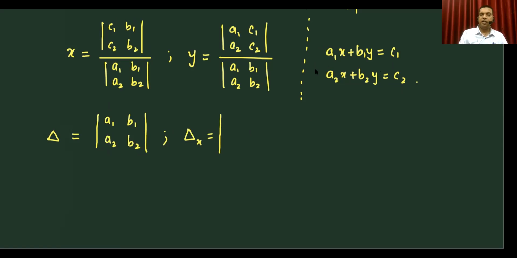So in the original determinant of the coefficients of x and y, if I want delta x, I replace the coefficients of x by the constants, keeping the other elements as they are. Then we define.